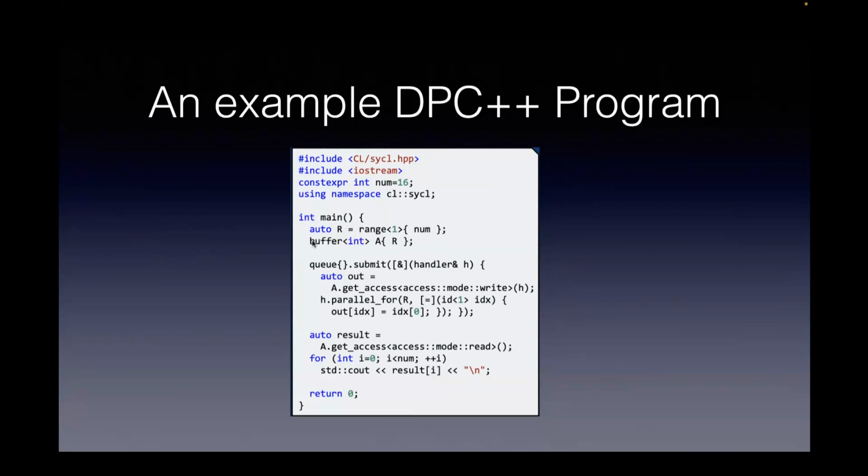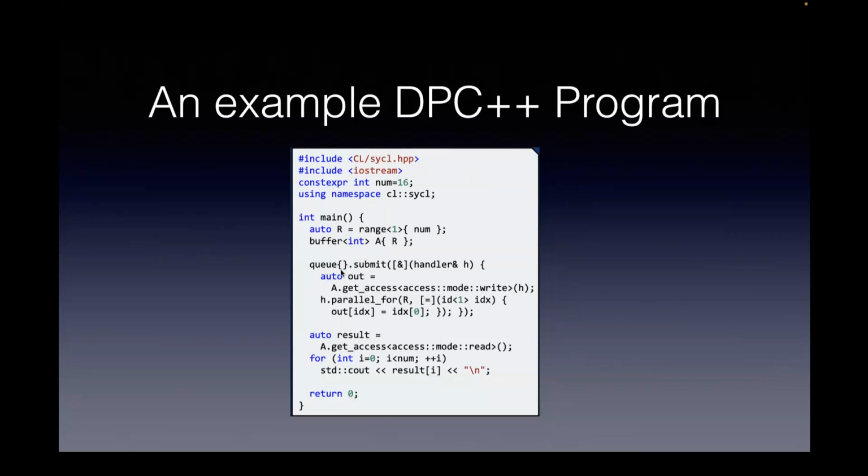So it creates a range of size 16, and you create a special construct called A, which is called a buffer. A buffer is a special entity in SYCL. We'll talk about buffers also in depth. The core part of DPC++ is a queue, where a queue is basically a particular construct that enables you to submit a kernel to an accelerator.